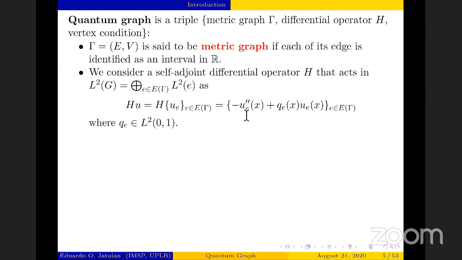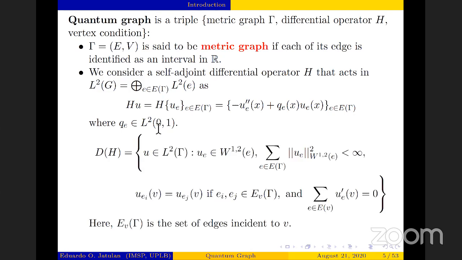On each edge, we have this one-dimensional differential operator, where our potential, which we call the electric potential in this case, is in L2 locally. And we have the domain of this operator. I think we have a typo here; this one should be L2(Γ). So we have all functions on our graph that are in L2, and locally, these functions are in this Sobolev space.